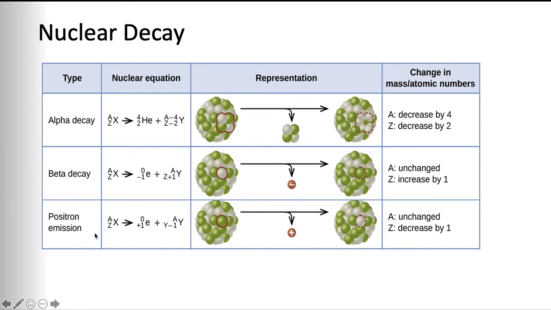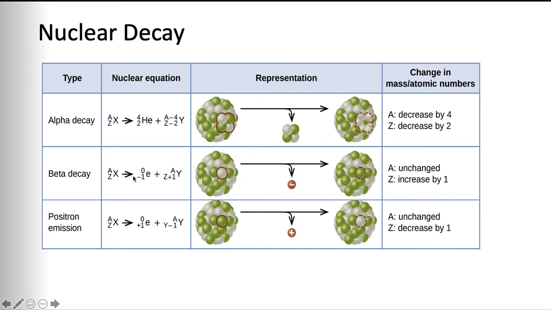We can see it shown here. Mass number is unchanged because this positron has a 0 mass number, but my Z decreases by 1 to give me a new Z. That's because I'm converting that proton into a neutron.